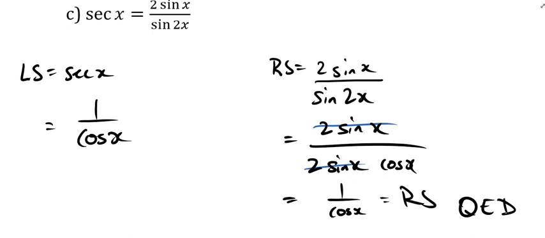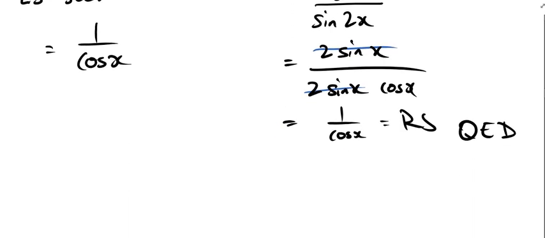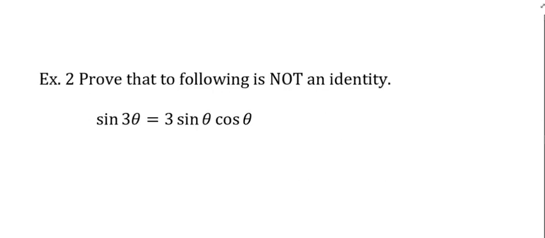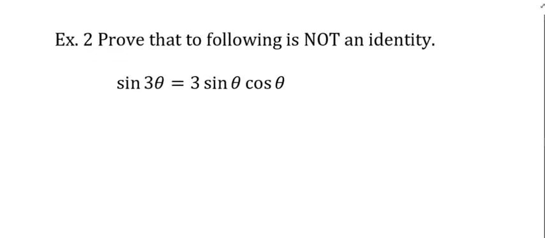Okay? Any questions? I think there's a couple more little things that we're going to do, but they're a little bit different. So those are all the identities we're going to, actually there is one more that we're going to look at.